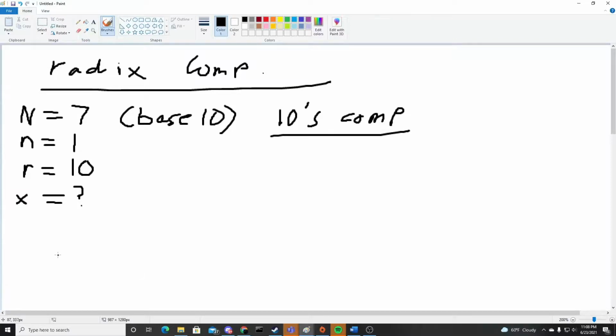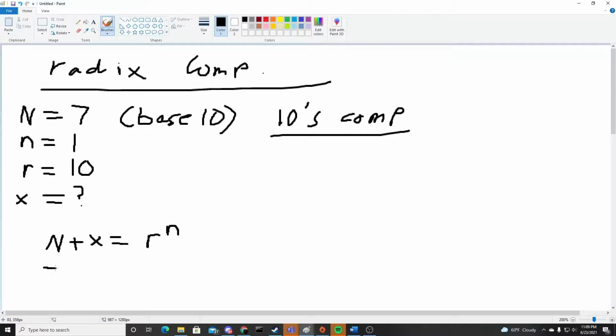We're trying to find what number x, added to n, which is our 7, so n plus x, would equal r, which is 10 in this case, to the nth power. So which number added to 7 would equal r to the nth power, which in this case would be 10 to the first.